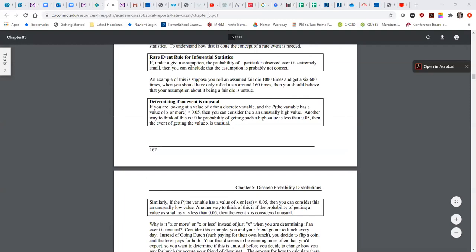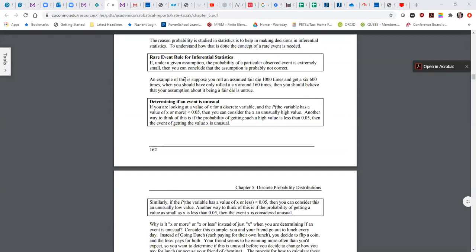If under a given assumption the probability of a particular observable event is extremely small, then you can conclude that the assumption is probably not correct. Okay. And you determine if the event is unusual.